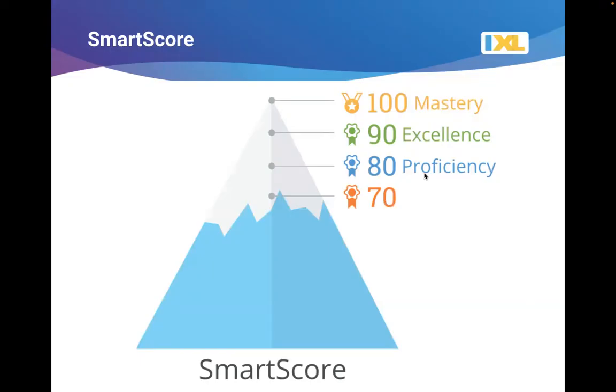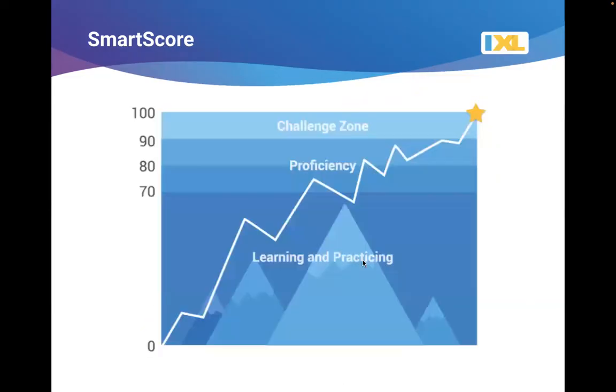That is super important to know and remember for success for your students in IXL. The SMART score is designed for how students learn. It is unique to IXL, and it's really going to give you the best possible information on a student's true understanding of a skill.